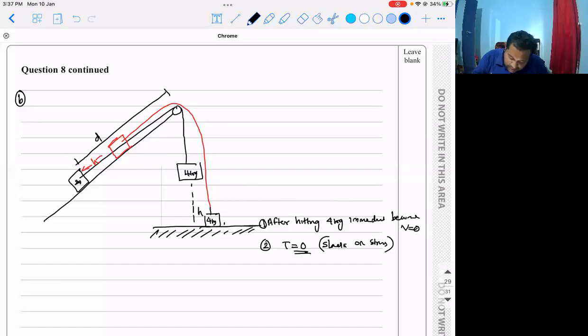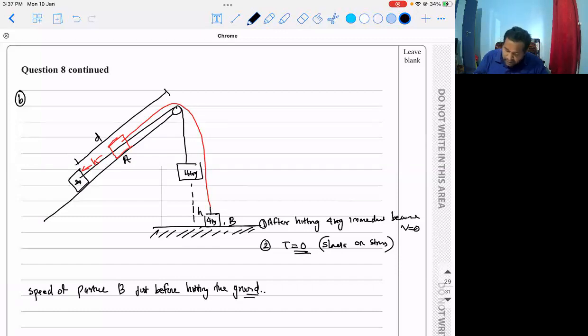Okay, so for the instance, I'm calling this A, this B. What we are finding is the velocity, or we can say speed for easier understanding, speed of particle B just before hitting the ground.